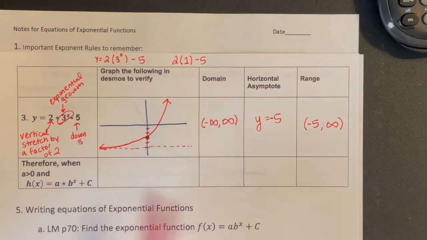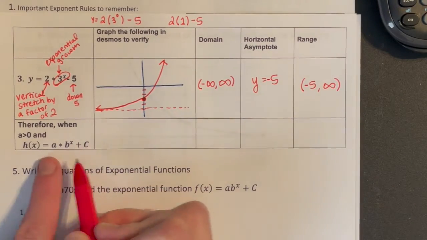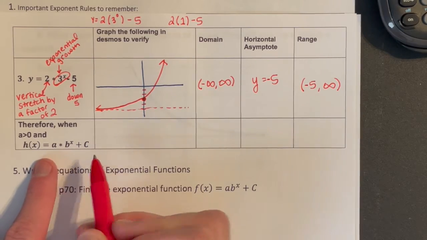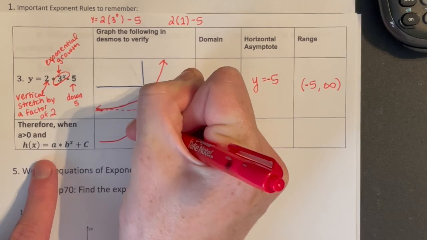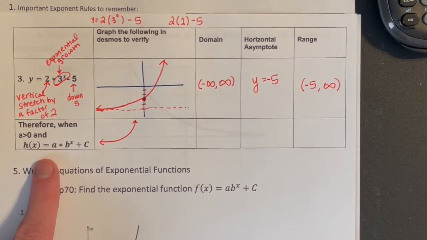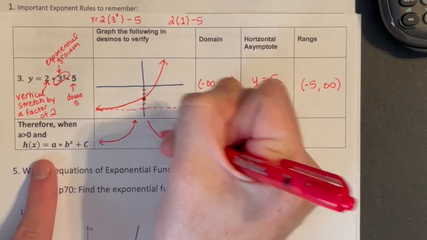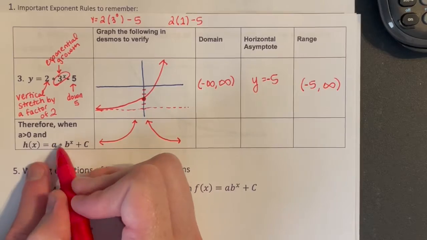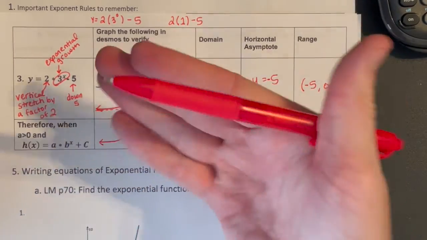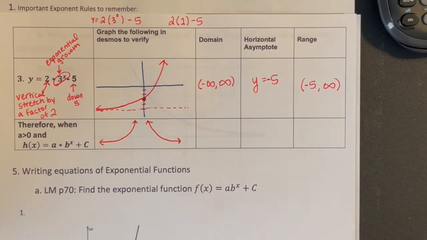So lastly, when a is greater than 0, it would look something like this. Our graph is either going to go up or down, depending on if it's exponential growth or decay. But a is positive. That means it hasn't been reflected across the x-axis.